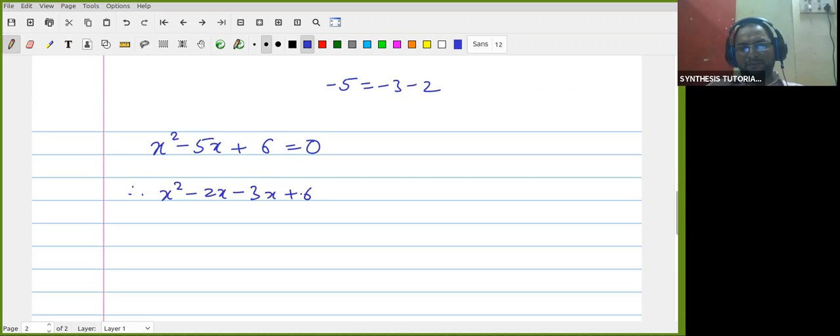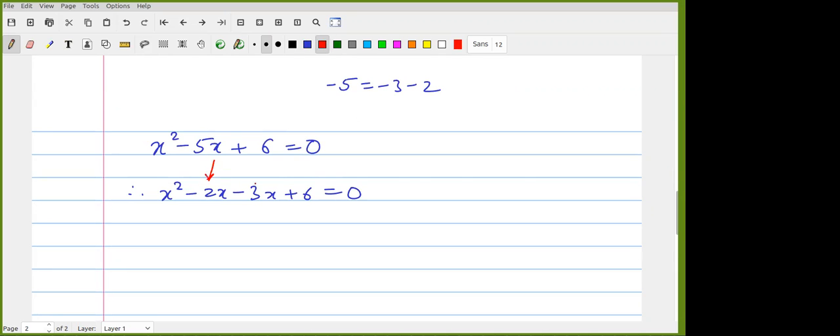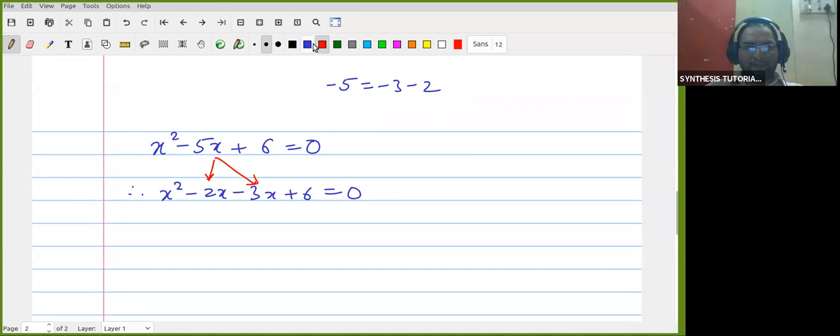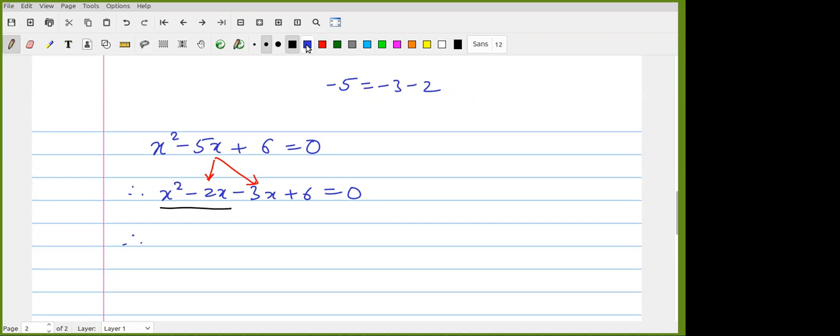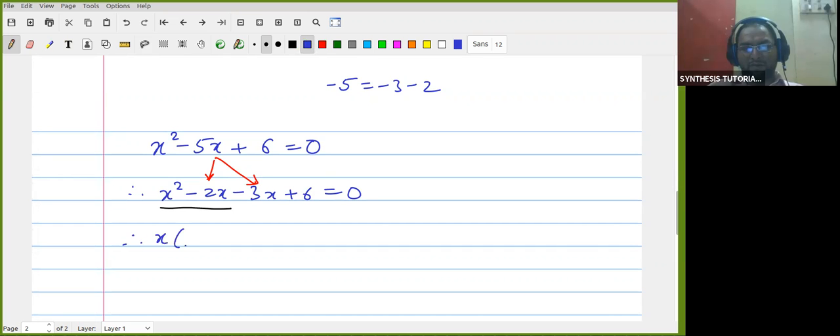Yes or no? Yes, sir. Now what can I take common from these two terms, x square and -2x? X. Very good. Once I take x common, what will remain inside? X minus 2, right?